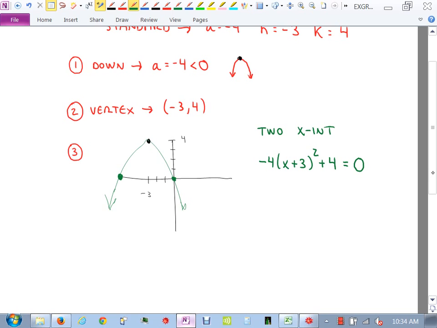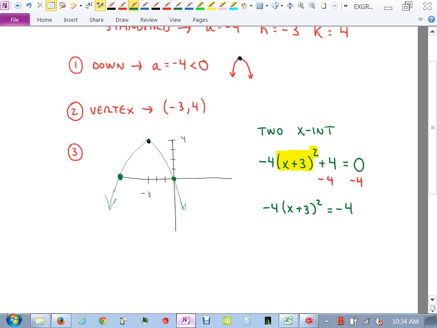First thing, I'm going to try and get this squared part by itself, isolated on one side of the equation. So first I will subtract the plus 4 on both sides. Subtract 4, subtract 4. I'll be left with negative 4 sitting in front of (x plus 3) quantity squared equals negative 4.